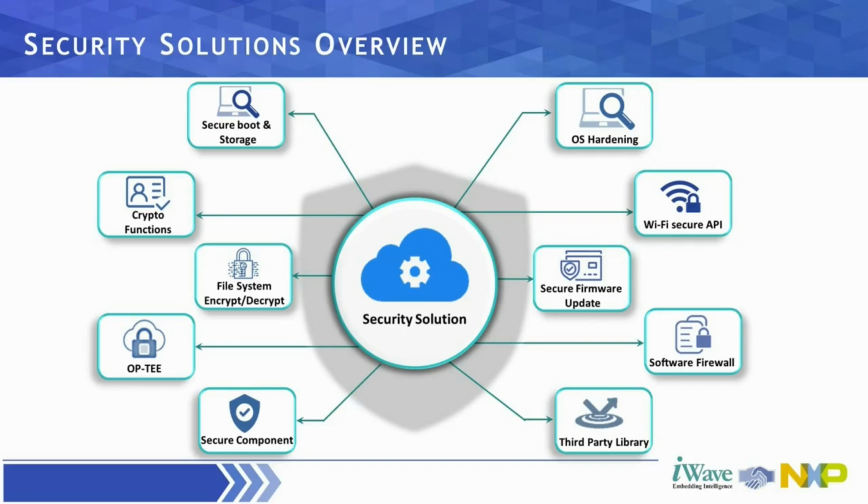And onto the right, you have the higher level features in terms of connectivity or different third-party updates. OS hardening is the process of securing a system where we reduce the surface area of vulnerability and attacks. Wi-Fi security covers access control, the security layers available on Wi-Fi connectivity, and access control for the different types of clients connected to your device.